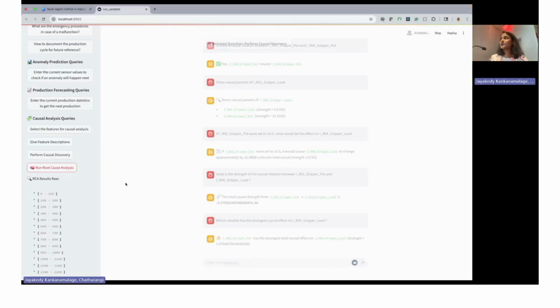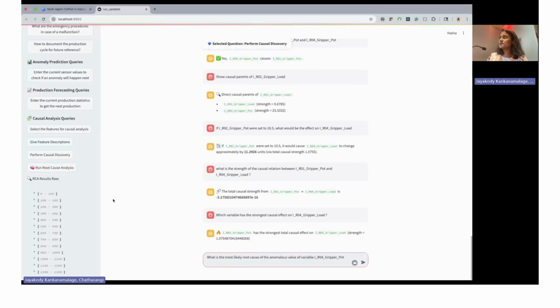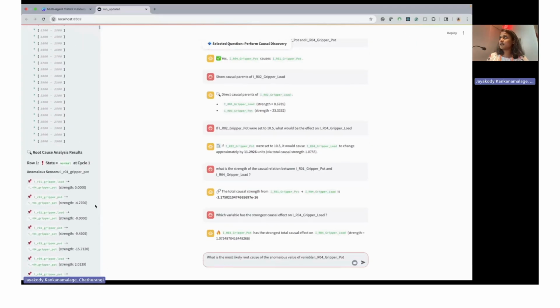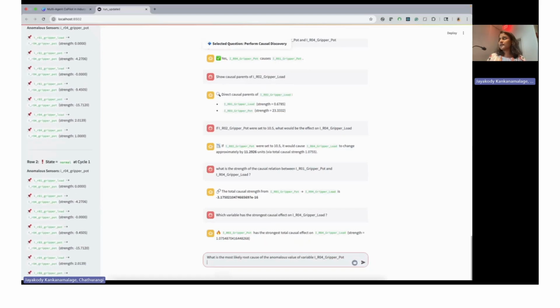It takes some time to analyze the whole data set and run the root cause analysis and analyze which variables have the most effect on the anomalies that were predicted earlier. Once the root cause analysis is done, you see the results like this for each row. What are the root causes for the anomalous variables, if there are any?